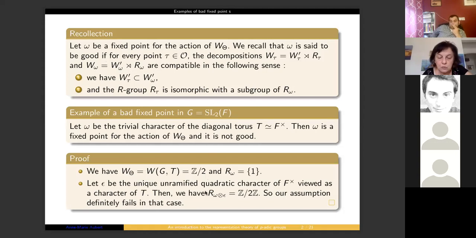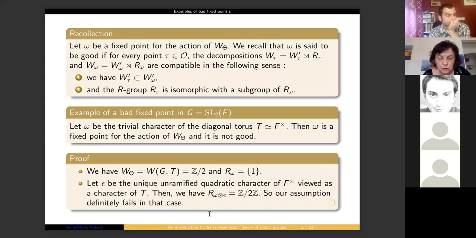Then you can consider the unique unramified character of F cross of order 2, which was denoted before by sign epsilon, viewed as a character of T. If you compute the R group of R epsilon, where omega is trivial, this R group is Z mod 2. So it is not isomorphic to a subgroup of R omega.